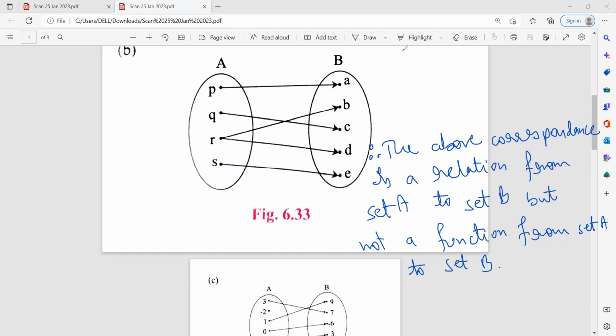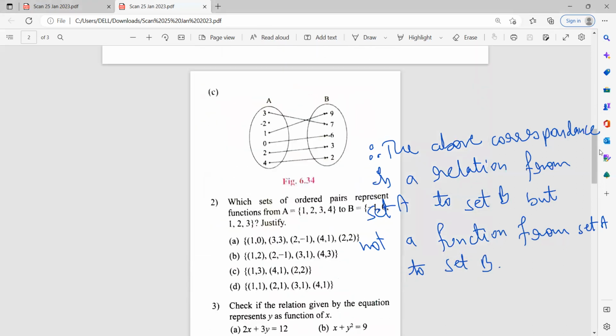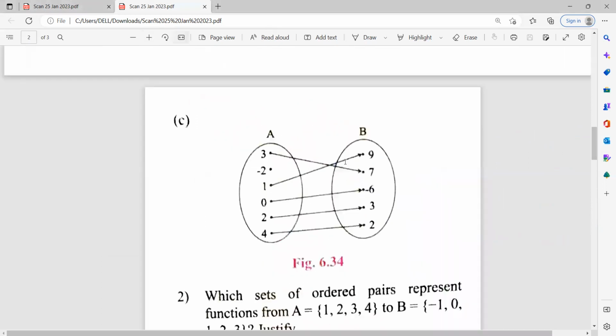Now let's come to the next one, students. The next one is C. What do you notice here? There is a correspondence, and once again it is a relation, but it is not a function from set A to set B. Why?